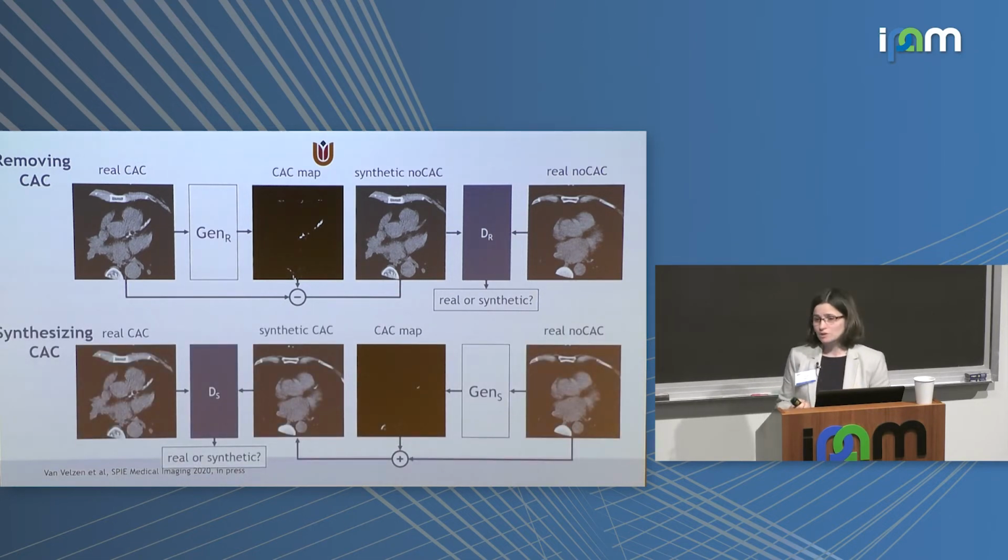The input is a real non-calcium image, which generates calcium, that is then added to the input image and synthesizes an image with pathology, and then uses a discriminator which tells apart synthetic from real images with pathology.